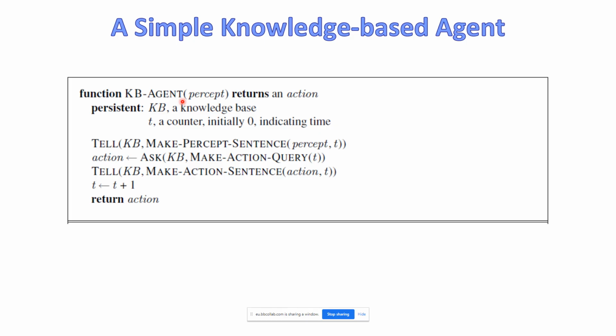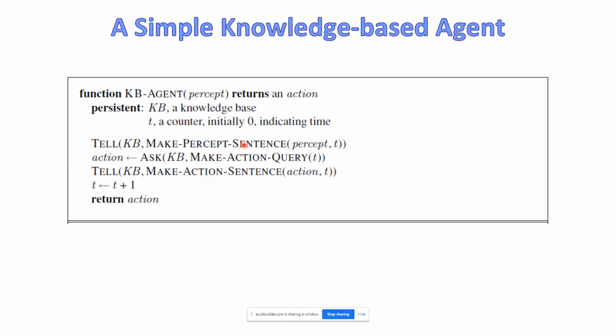So that simple agent, the first thing it will do is to tell the knowledge base that I got that input at that time. So I'll have to make a sentence. This function, make percept sentence, will create a sentence in the formal language that we use to add to the knowledge base, or to represent the knowledge.